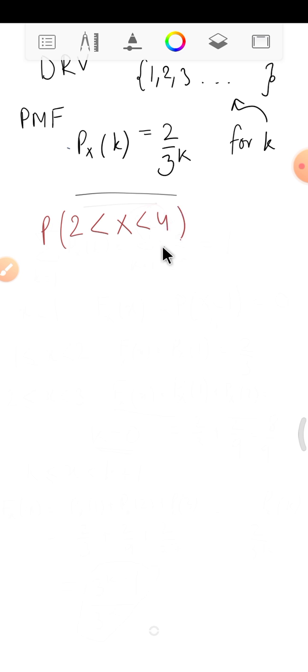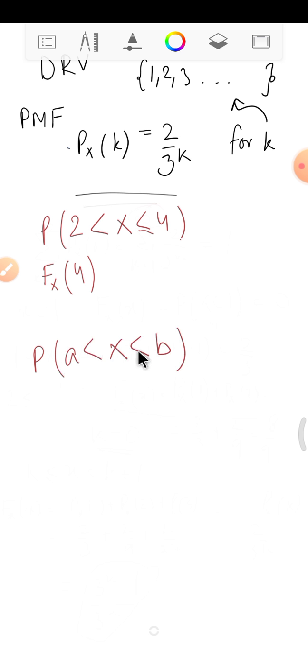If you are given a PMF and you have to find the probability from a to b, it doesn't matter whether the endpoints are included or not.